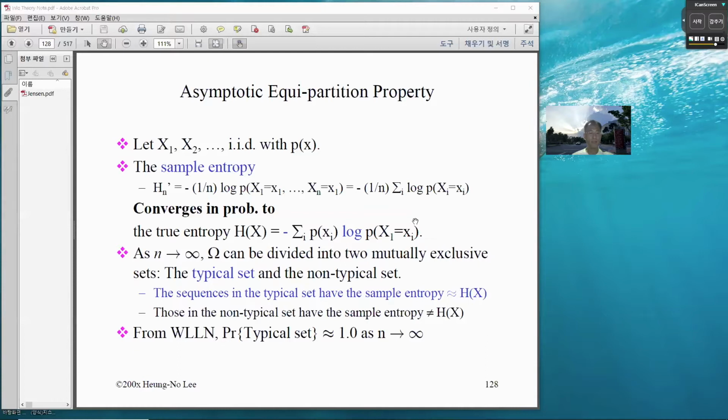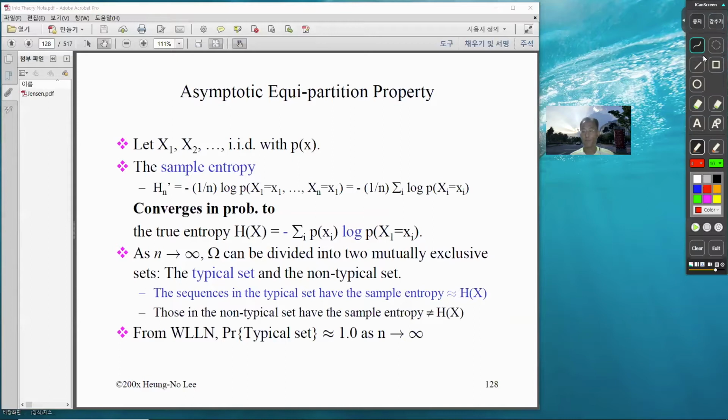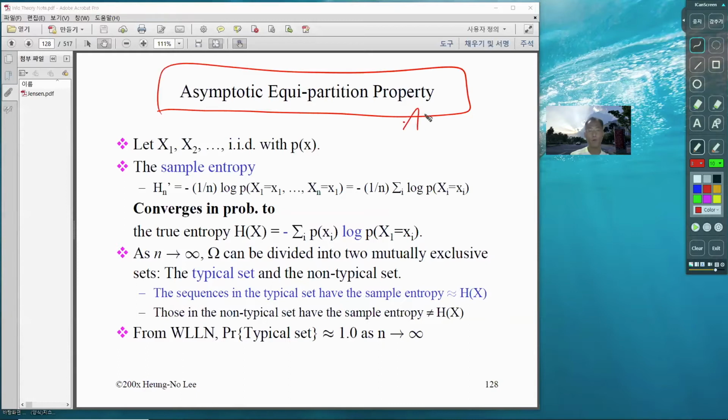In this note, I will talk about the asymptotic equipartition property, which is very, very important in this course. All right, so AEP, as we call it, is very important.